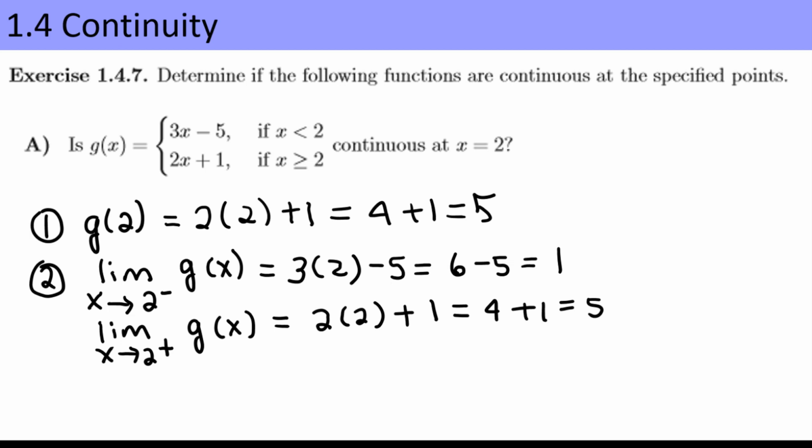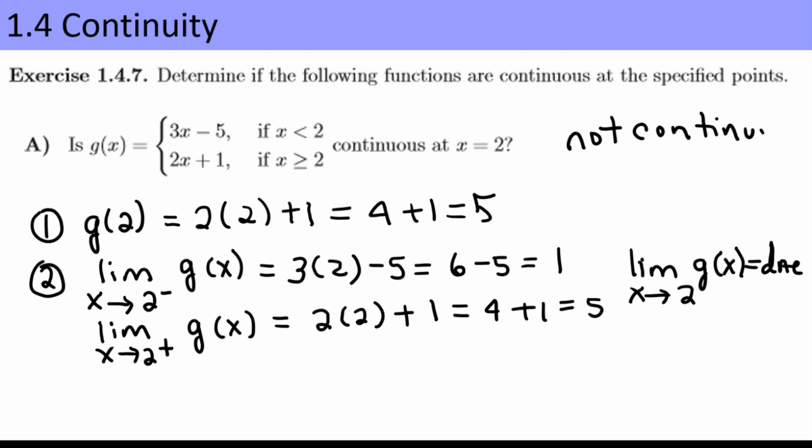We observe that the left-hand and the right-hand limit are not the same, so we can conclude that the limit as x approaches 2 of g of x does not exist. Do not use the empty set symbol here. And that's sufficient. As long as one of these three is not satisfied, we can say it is not continuous, and we don't need to do any more work.